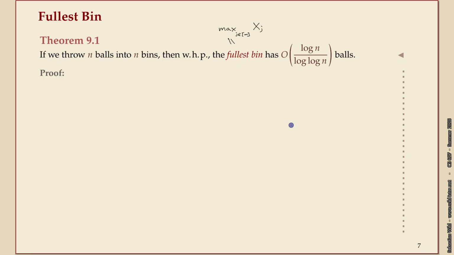That's a random variable. You know what? This is popping up a few times. Maybe it's worth giving it a name. I don't think I've used the x hat anywhere. Let's call that x hat. And we're supposed to show that the bound is log n over log log n. What a weird bound.